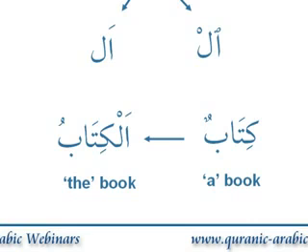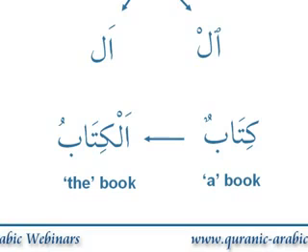Now, in Arabic grammar, if you have a noun with the last letter which carries a tanween, it normally indicates that it is an indefinite noun, i.e. we're talking generally. So a book, we're not talking about a particular book.